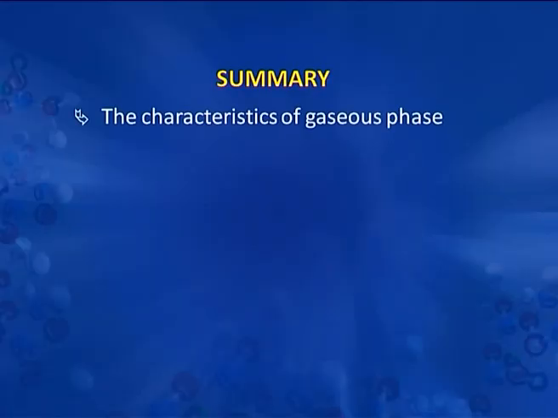So, what we have discussed in this lecture: the characteristics of the gaseous phase. As I told you before, the gaseous phase has expansivity, diffusibility and compressibility. These are the main characteristics of the gaseous phase. Then we discussed gas laws like Boyle's law.